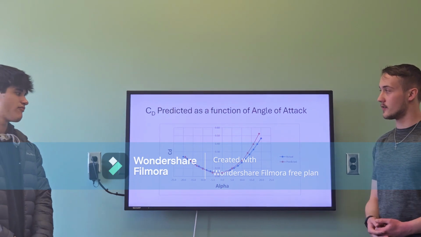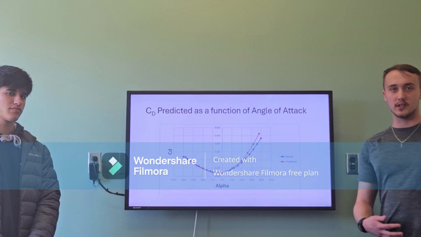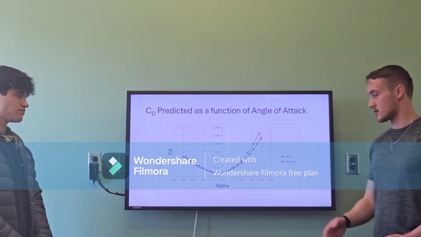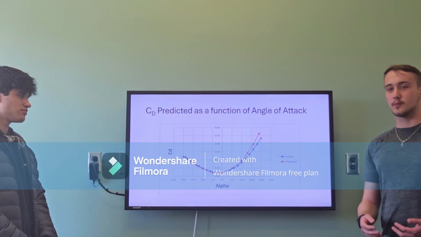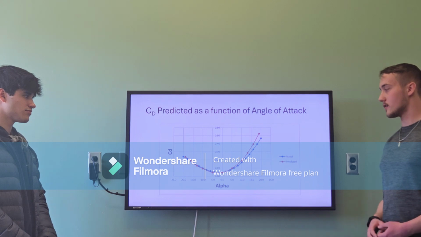Again, this is a plot of CD prediction versus the actual data gathered in Lab 5, and again, a very close match, showing that our midpoint prediction is a valid model for the fan blade performance.